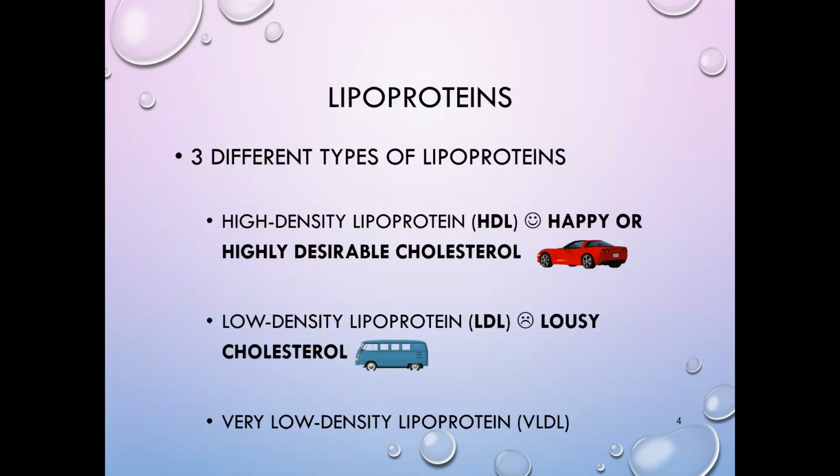So we have the high density lipoprotein, or HDL, which you can consider your happy or your highly desirable cholesterol. These carry the fewest amount of cholesterol. So this is the part where I want you to think about cars. Think of the high density lipoproteins as a Corvette.